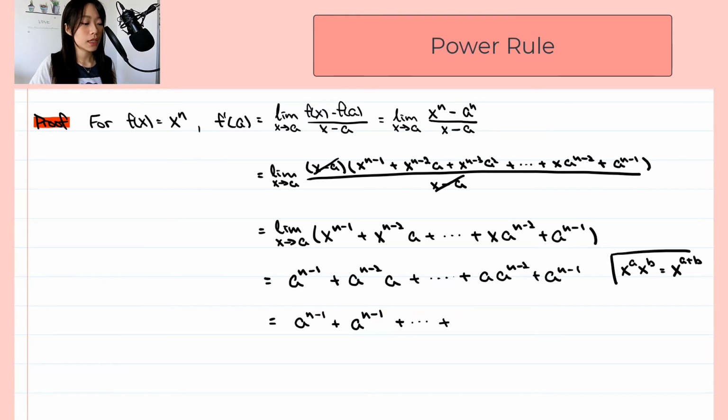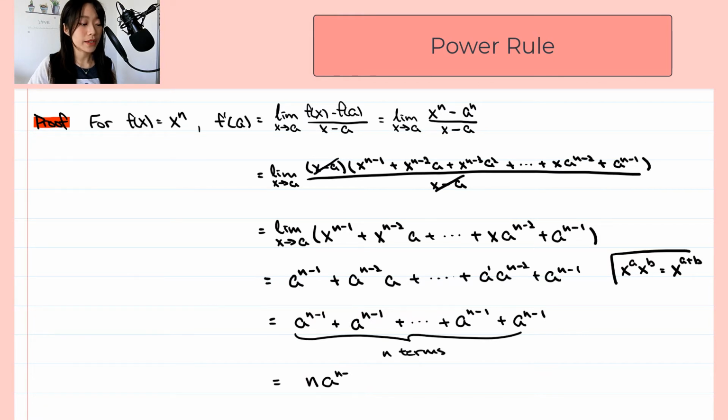And plus, here we have a to the power of 1 times a to the power of n minus 2. So this equals a to the power of n minus 1. And the last term is a to the power of n minus 1. And note that here we have n terms. So this equals n times a to the power of n minus 1.